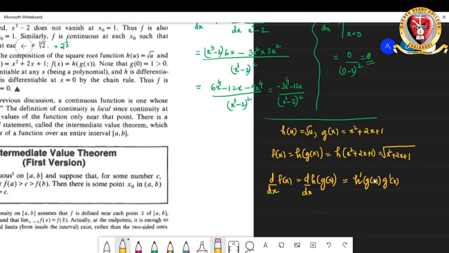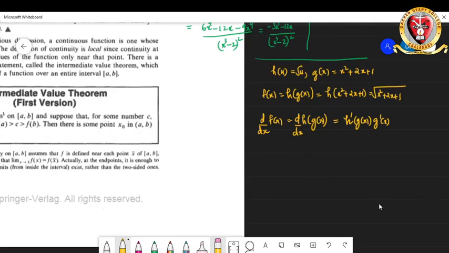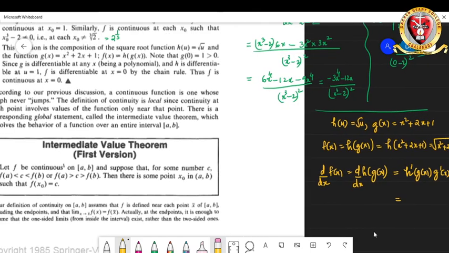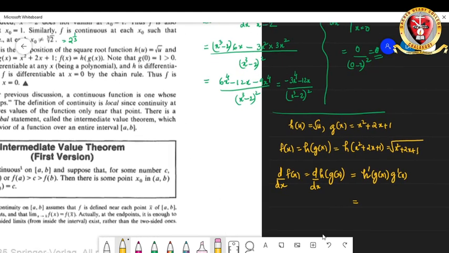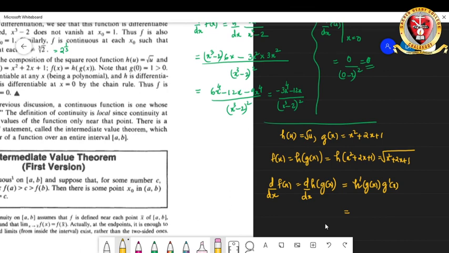So here you can calculate it properly as 1 by 2 root of x squared plus 2x plus 1 into the derivative of x square plus 2x plus 1, right?